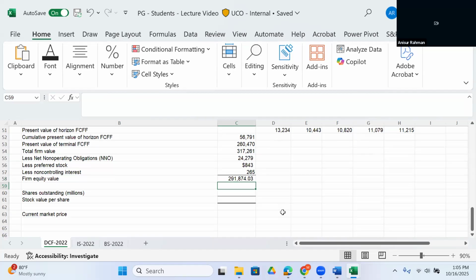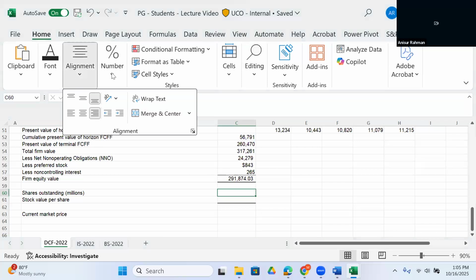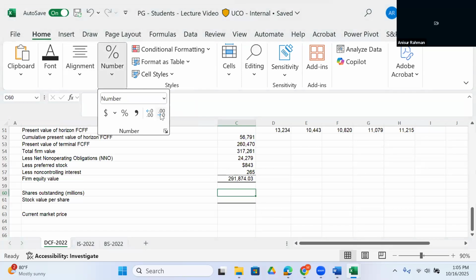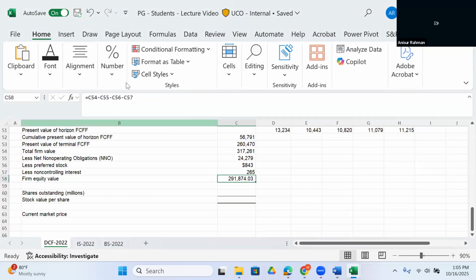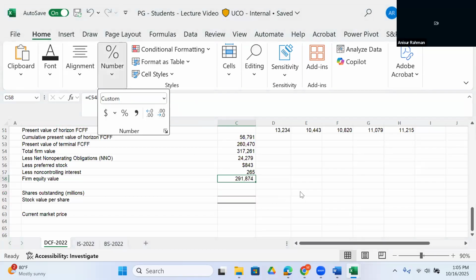Okay, so that is the total value of common stock. Now we have to divide by the number of shares, in millions, because all these numbers are in millions. Let me change the decimal format for this to no decimal.